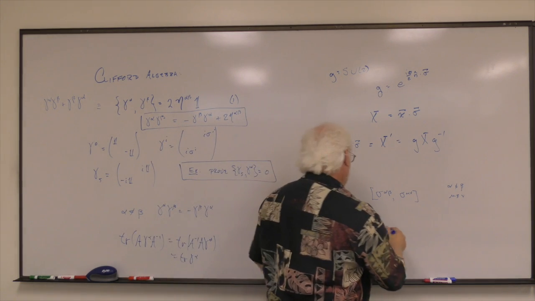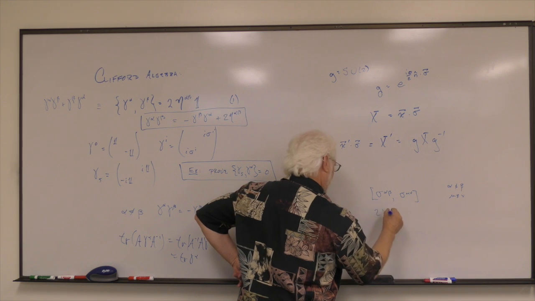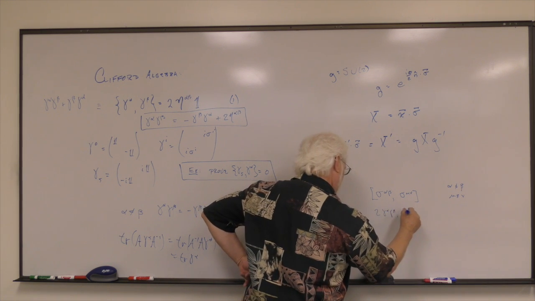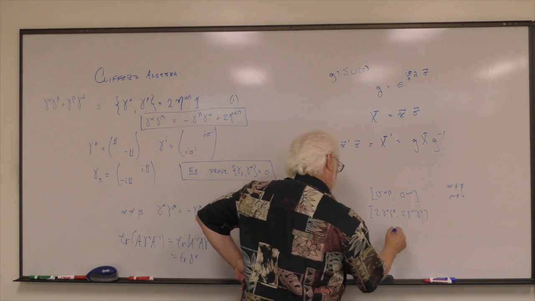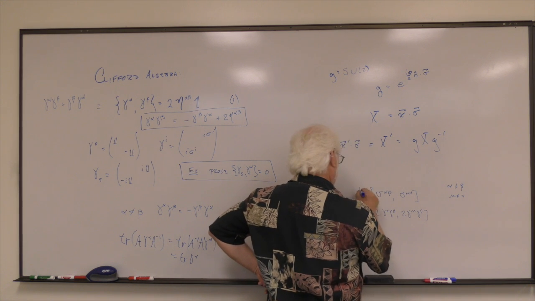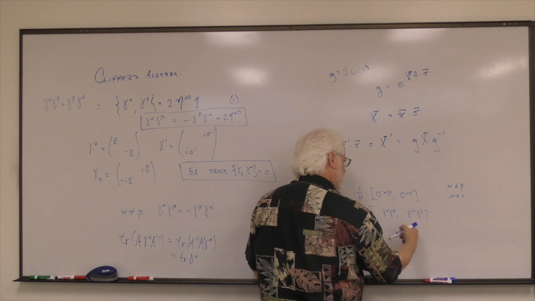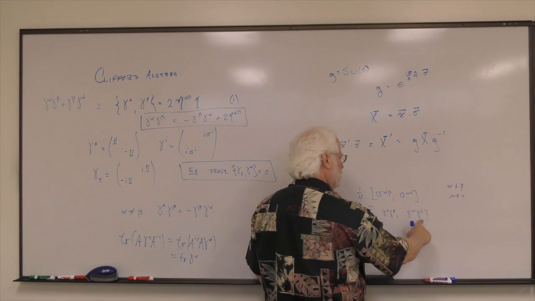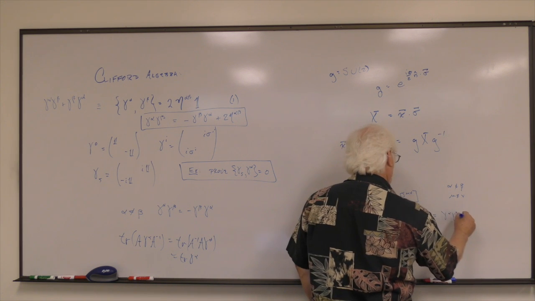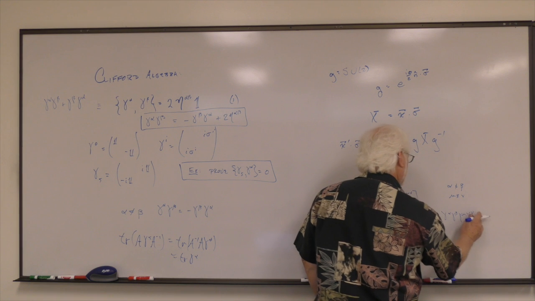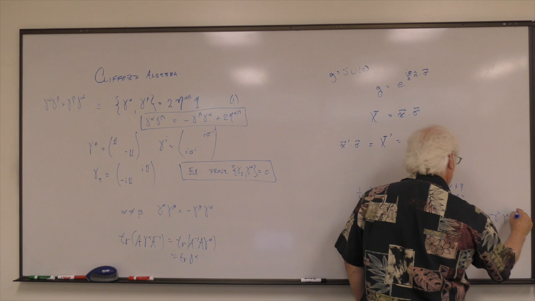Otherwise, you can write this as twice the gamma alpha gamma beta commutator, twice the gamma mu gamma nu commutator. So let's just multiply by a quarter here to get rid of those. Effectively you can do this where alpha and beta are different, mu and nu are different. Then this is gamma alpha gamma beta gamma mu gamma nu, minus gamma mu gamma nu gamma alpha gamma beta.